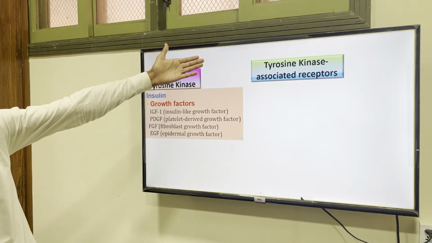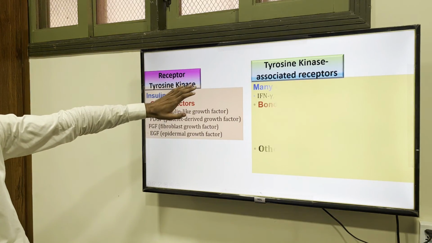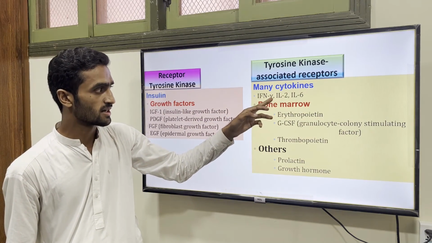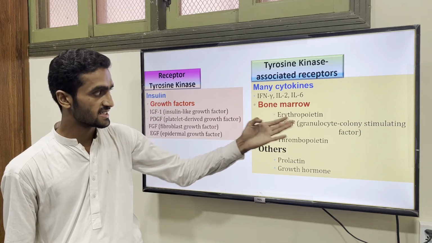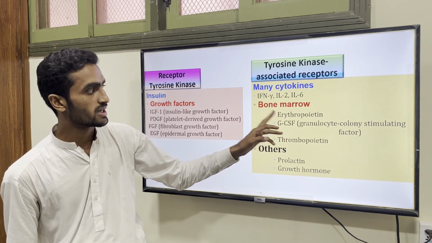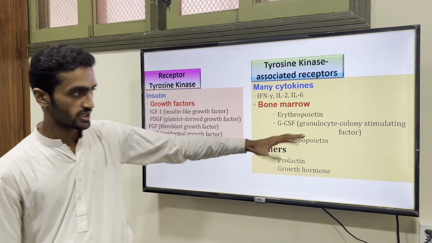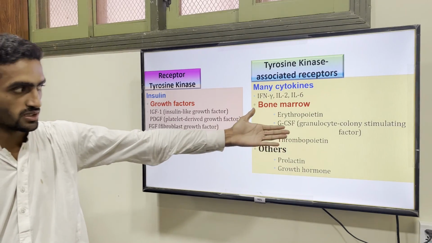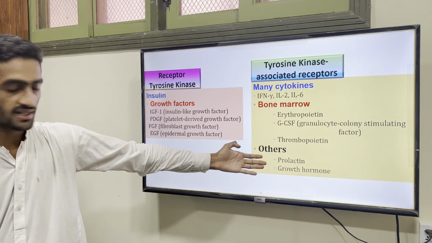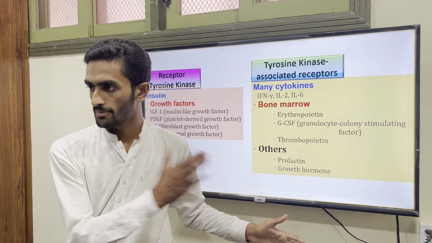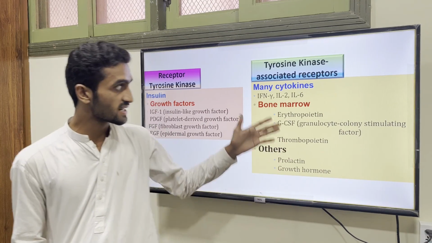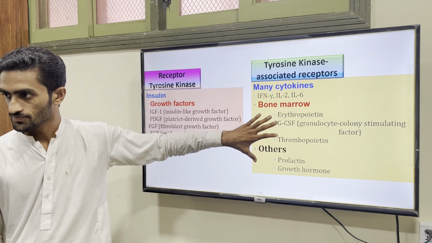The other one, the tyrosine kinase associated receptor system, is used by the cytokines, like interferon gamma, IL-2, IL-6, and bone marrow cell factors, for example erythropoietin, granulocyte colony stimulating factor, or thrombopoietin, and also prolactin and growth hormone. So these are using these pathways.